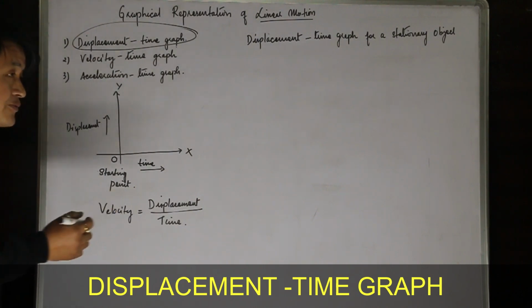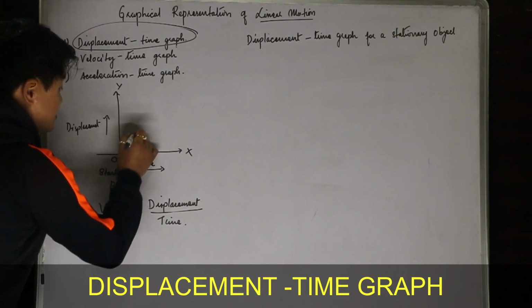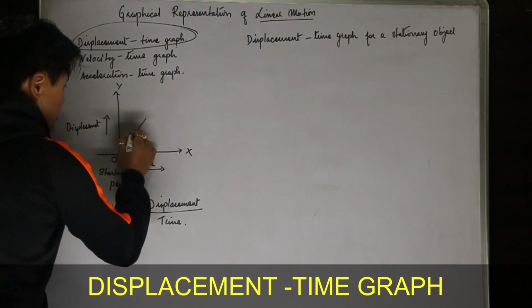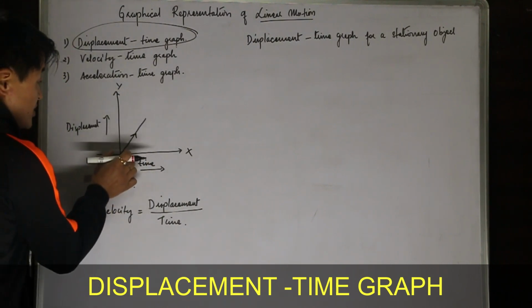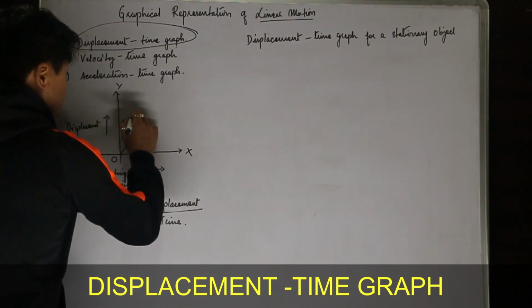We have to note that when the body is moving away from the starting point, this will represent a positive slope. So going in this direction, away from the starting point, is a positive slope.